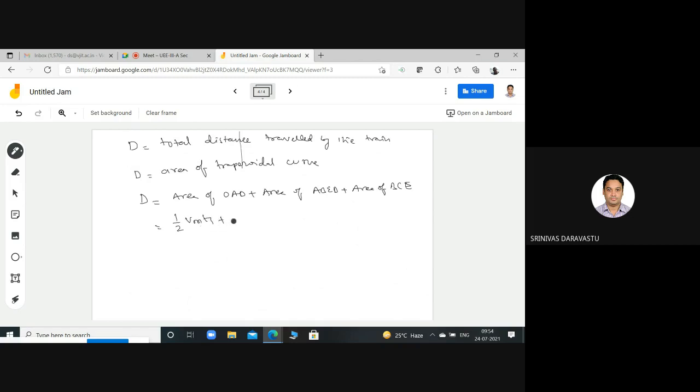Now the area of ABED is Vm into T2, plus another triangle, half into Vm into T3. So half into Vm into T1 plus Vm into T2 plus half into Vm into T3. Now we can take Vm common: T1 by 2 plus T2, or we can substitute the T2 value here.